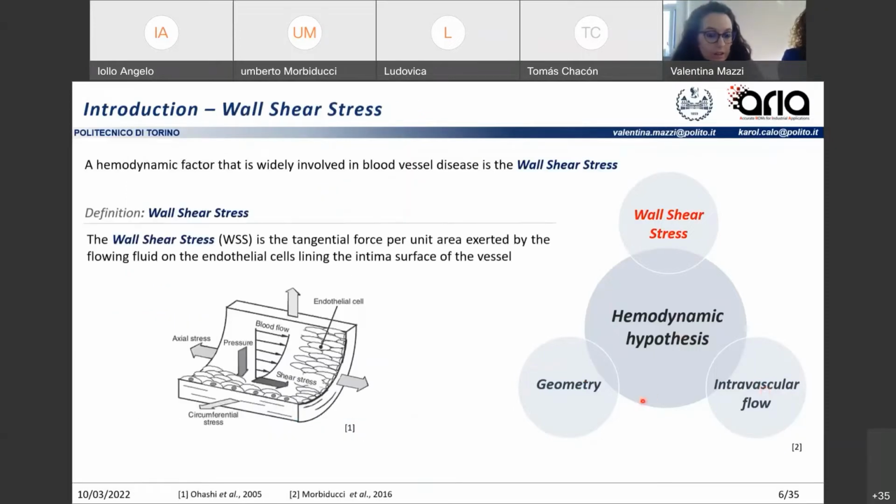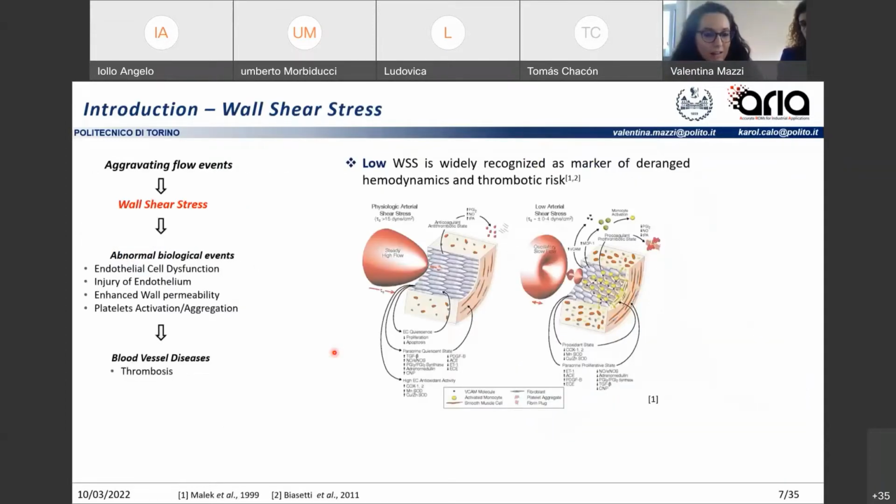Wall shear stress is probably the hemodynamic factor most widely involved in blood vessel disease. It is defined as the tangential force per unit area exerted by flowing blood on the endothelial lining covering the intima surface of the vascular wall. Endothelial cells are constantly exposed to the action of the wall shear stress, and they are able to translate the mechanical stimuli into intracellular signals, which can modulate their structure, morphology, and functions.